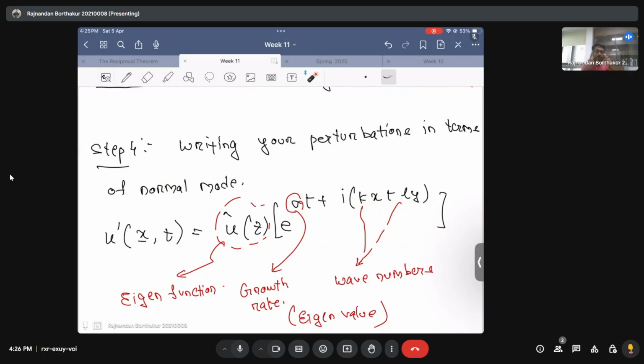This is again a hallmark of normal mode analysis. Since the individual wave numbers, or the individual modes, do not interact with each other, I can represent all the modes in normal mode analysis as a generic mode k and l.